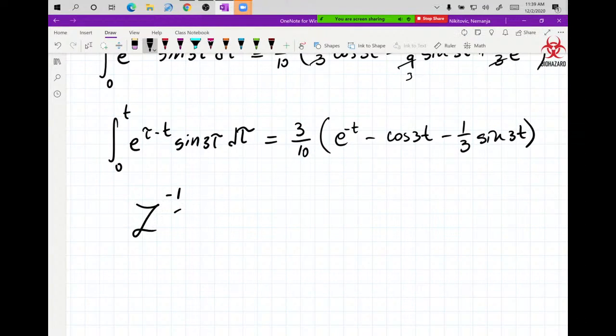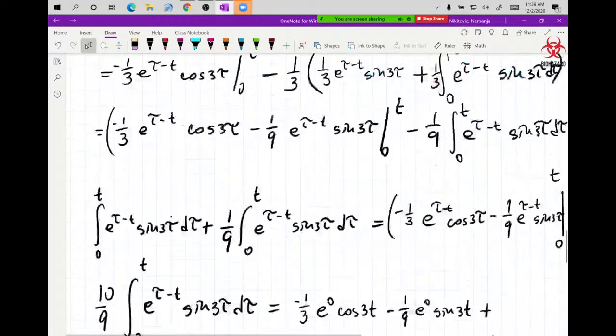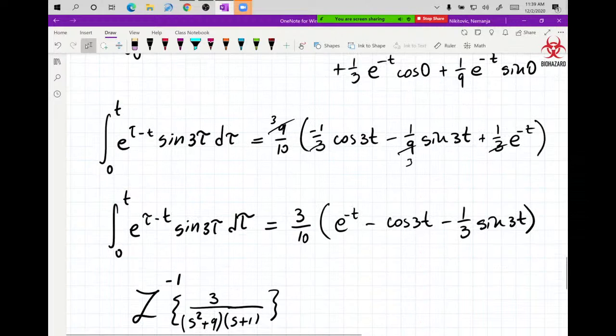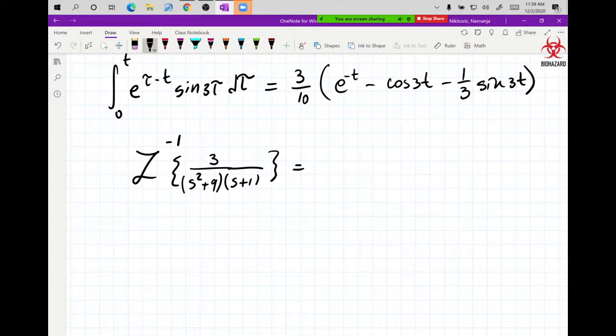So the inverse Laplace of whatever we had here, it was something like 3 over s squared plus 9, and then it was s plus 1, I think, because it was e to the negative t, right? Yep. It is actually equal to 3 over 10 e to the negative t minus cosine 3t minus 1/3 sine 3t.